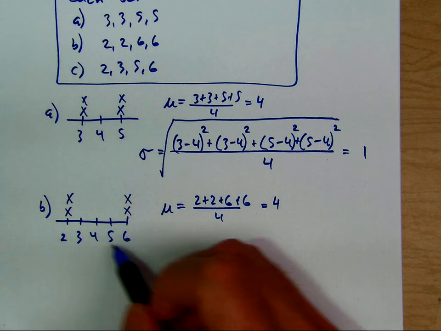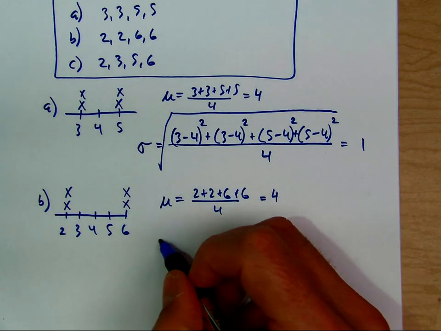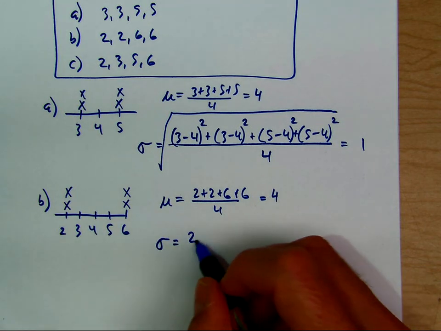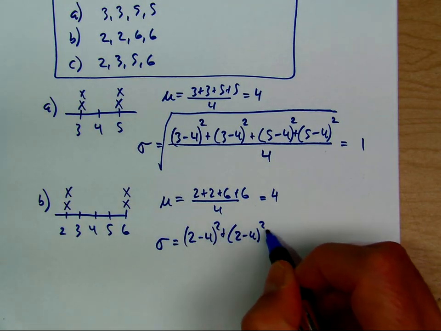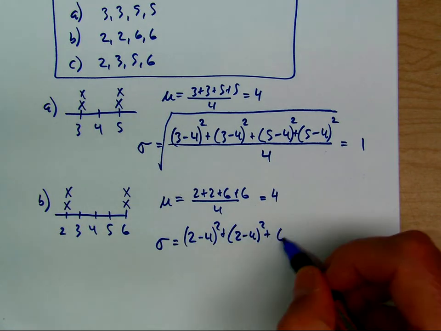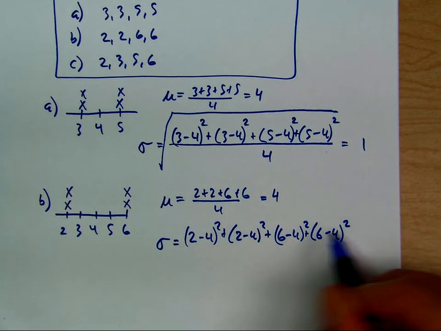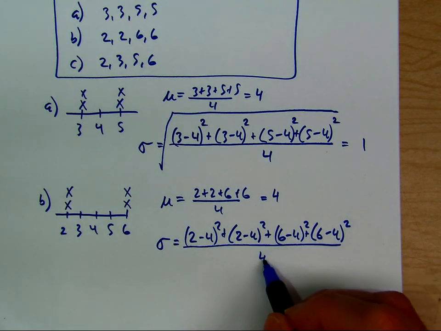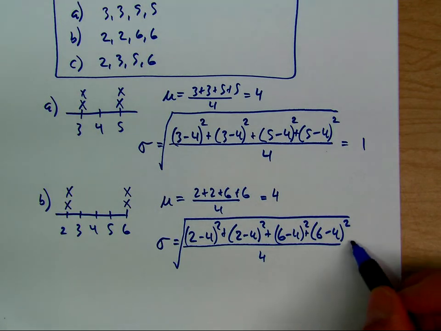So we already know the standard deviation is 2. And the formula would look like this: 2 minus 4 squared, 2 minus 4 squared, 6 minus 4 squared, divided by the number of values, and then square root. So if we do that, we get 2.